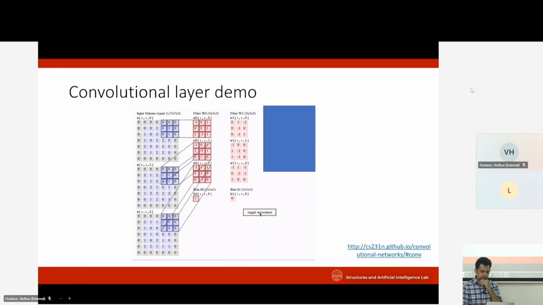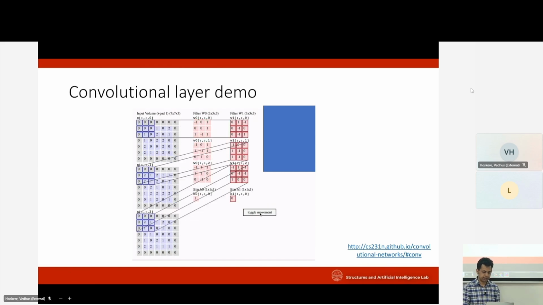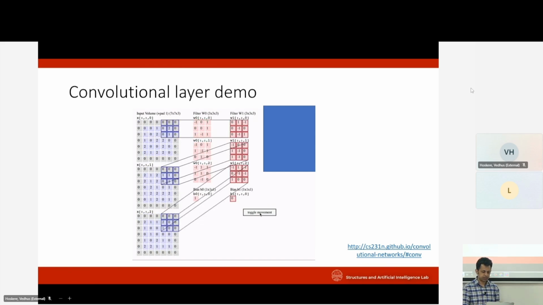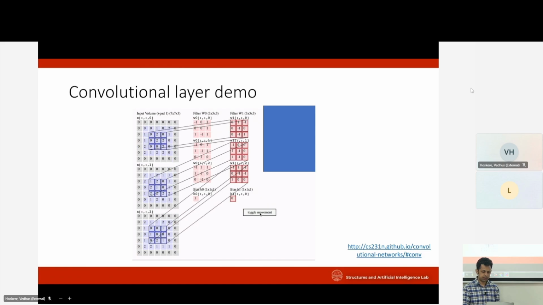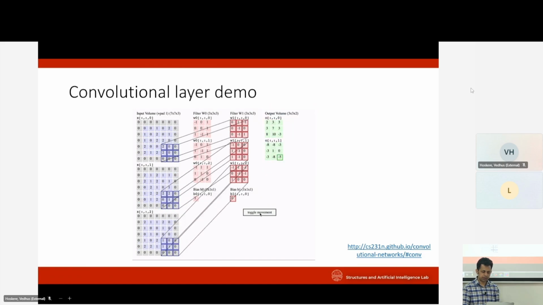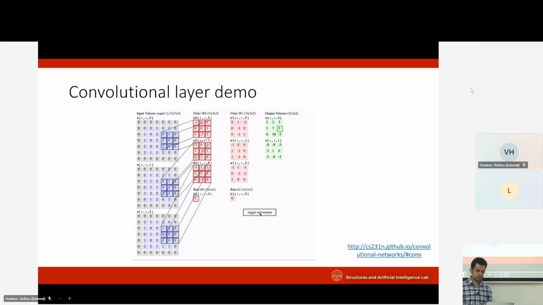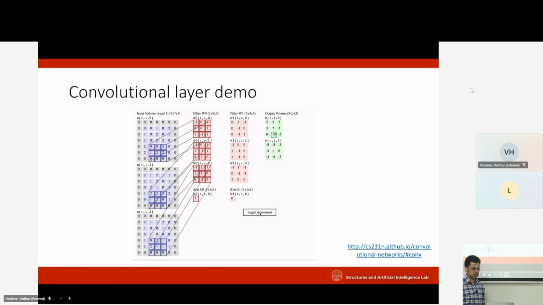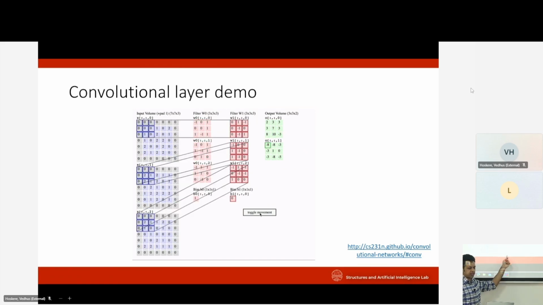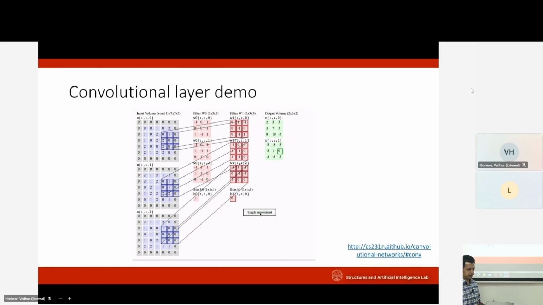So here is an example. I have these two filters being applied, and then my output volume is 3 by 3 by 2. And why is it 3 by 3 by 2? The stride is 2, right? And you have 2 filters.